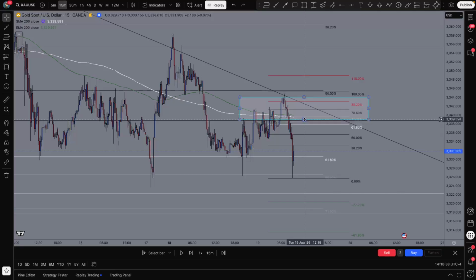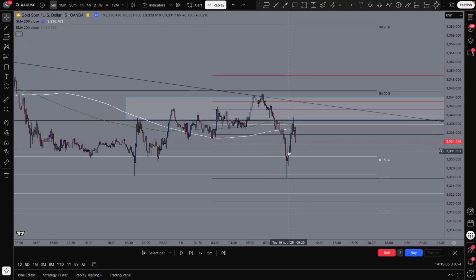I don't remember how I put it exactly, but overall the right zone was something like this. So now the only thing we need to do is to wait. So let's go forward.